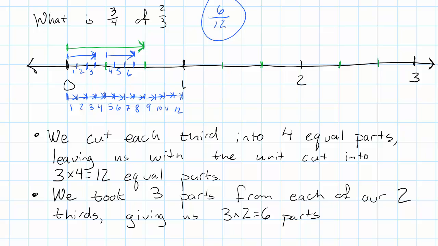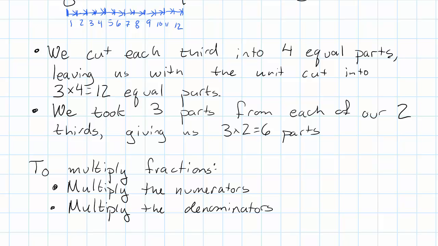And in fact, this suggests our process for multiplying fractions. To multiply fractions, we just multiply the numerators and multiply the denominators. Notice that that's very different from what we do in addition. That's because what we're doing in multiplication really is a different process from addition.